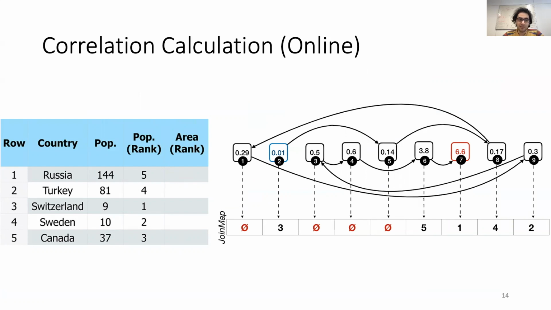On the right-hand side, the join map of the candidate table is shown along with the index generated by COCO for this specific column. Starting with the rank 1, COCO starts from the minimum value.